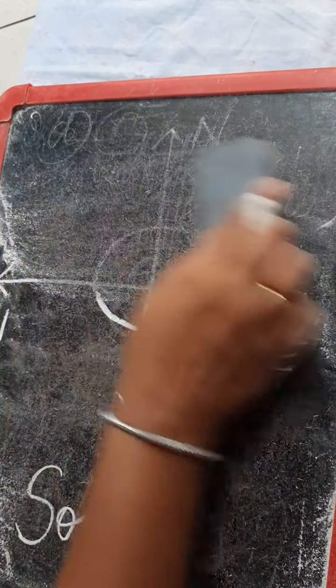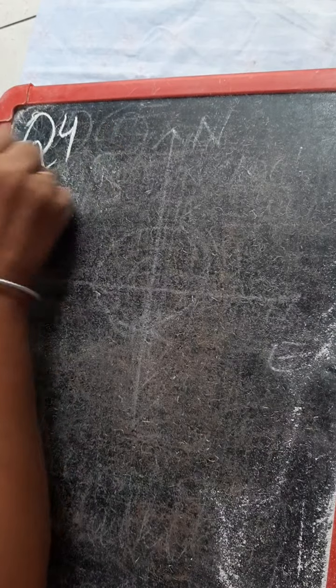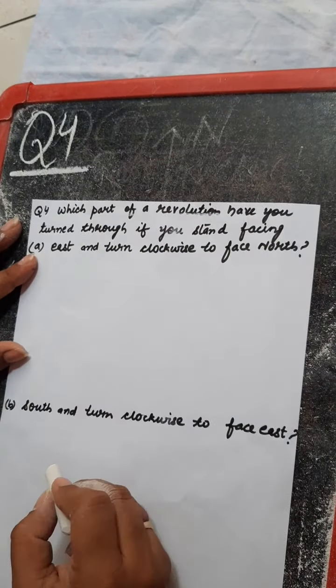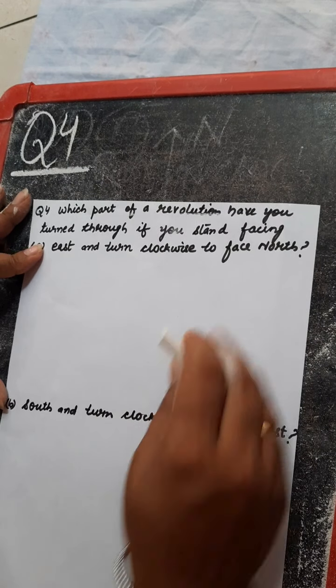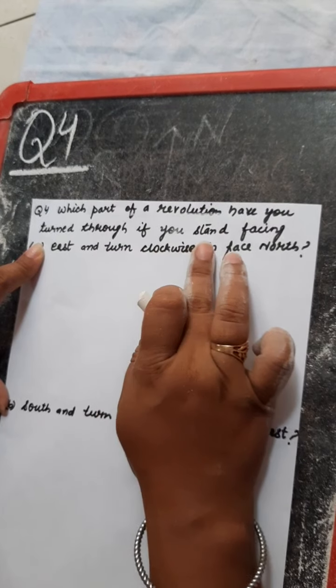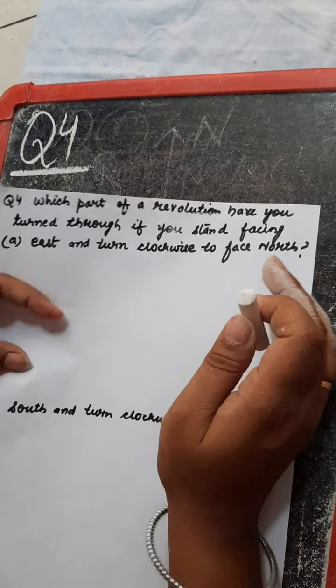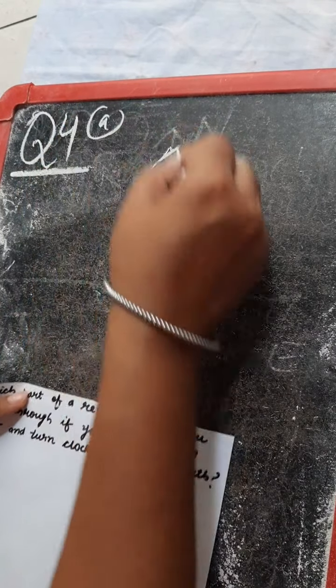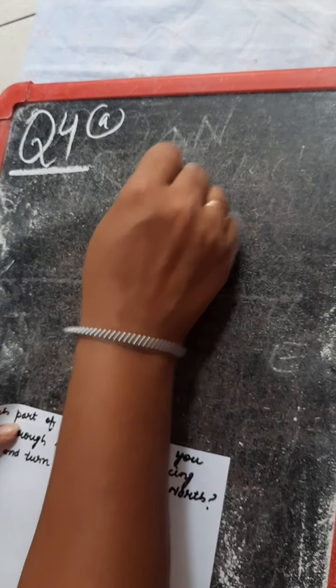Next I have question number 4. Here question number 4 is, which part of revolution, meaning we have to find the fraction. Which part of the revolution have you turned through if you stand facing east and turn clockwise to face north? So let's draw the directions first.